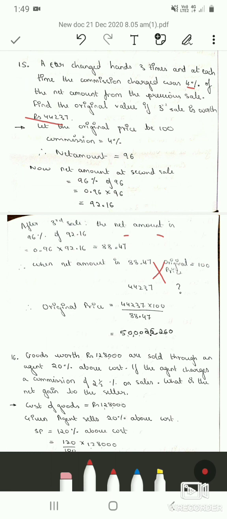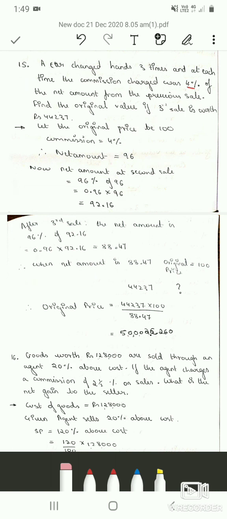You just cross multiply. Therefore original price is equal to 44,237 into 100 divided by 88.47, which is nothing but, sorry, this should have been 50,002.26 rupees.